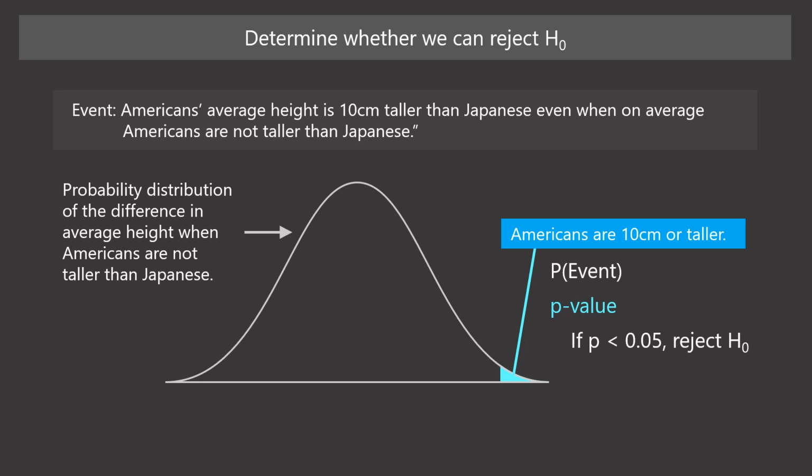So, if the p-value is lower than the significance level, we can reject a null hypothesis. In this case, the significance level is 0.05. So, if the p-value is lower than 0.05, we can reject a null hypothesis. And accepting the alternative hypothesis, we can conclude that Americans are taller than Japanese.